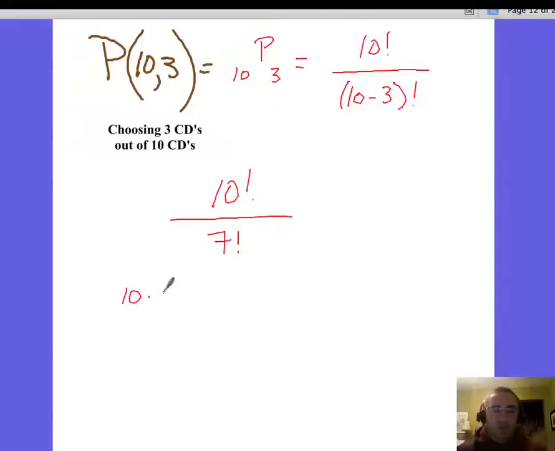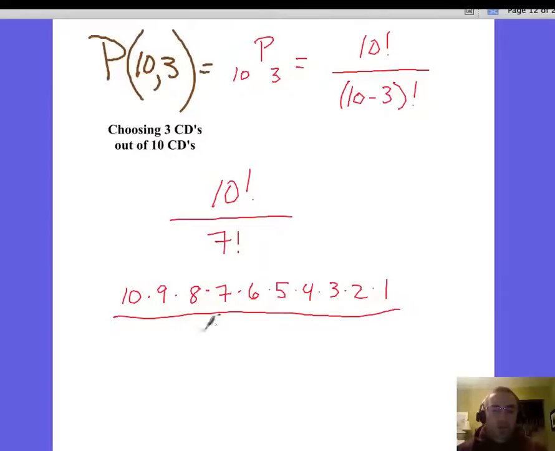And if I work this out, remember factorial, I start multiplying and taking 1 away, all the way down to 1. And we do the same on the bottom. 7 times 6 times 5 times 4, all the way down to 1 again.